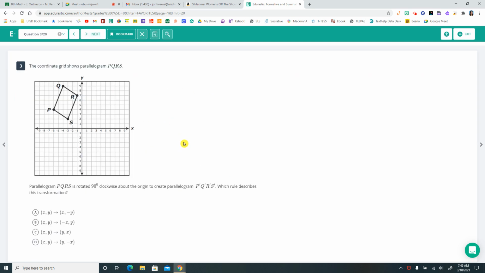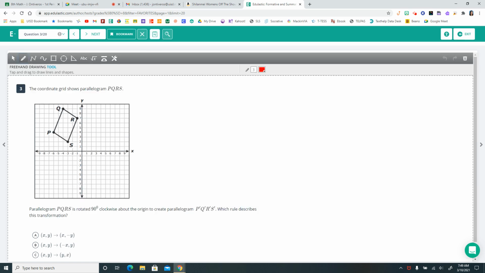From here, you're going to rotate 90 degrees clockwise. So don't forget the notes that we talked about. You start with X and Y, and that's 0 and 360 degrees, right? So then you start with 90, 180, 270, and then 360.